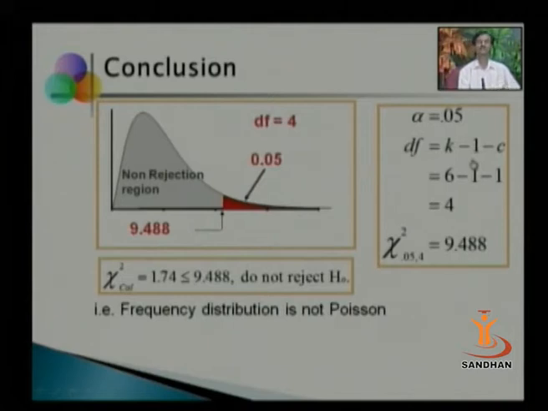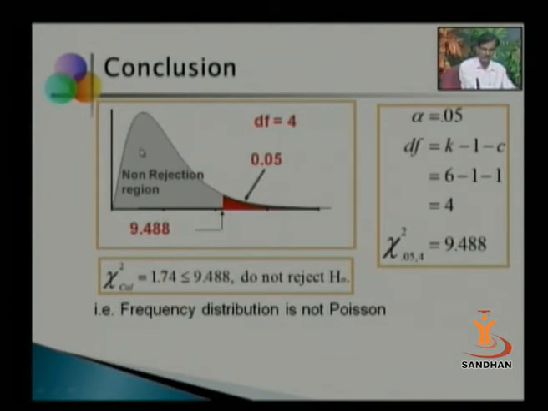In this case we have one parameter, that is lambda, we have estimated lambda. So it is k minus 1 minus 1, 6 minus 1 minus 1. So degrees of freedom is 4, and now the tabulated value of chi-square with 4 degrees of freedom and 5% level of significance is 9.488.